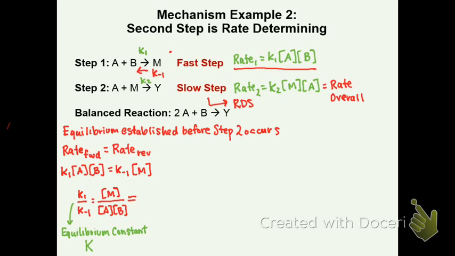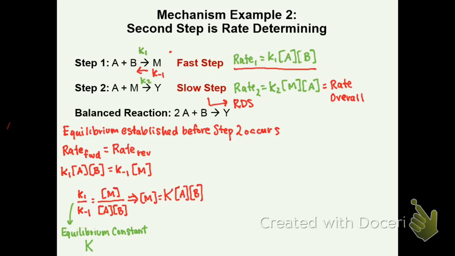So we can rewrite this as concentration of M is equal to the equilibrium constant times the concentration of A times the concentration of B. And so now we have concentration of M expressed in terms of measurable values.